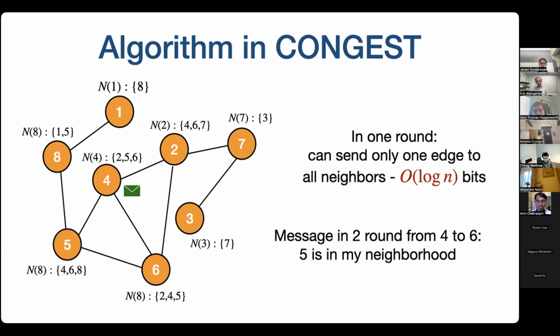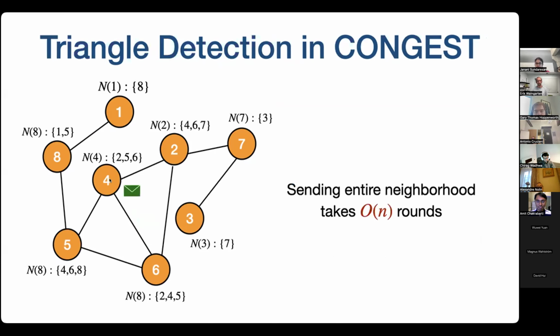And in the next round, I can send the other edge I have to 5. So more generally, sending your entire neighborhood is going to take order n rounds because you're only going to send one edge in each round. So the trivial algorithm we had to solve triangle detection by just sending your neighborhood is now going to take order n rounds.